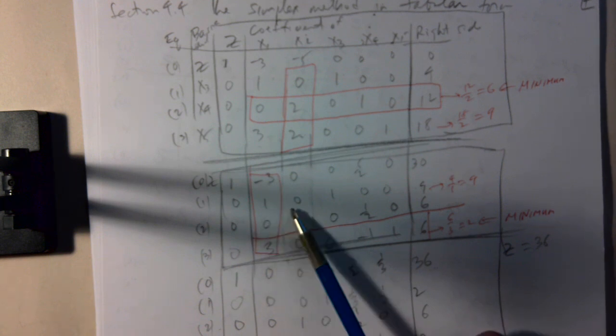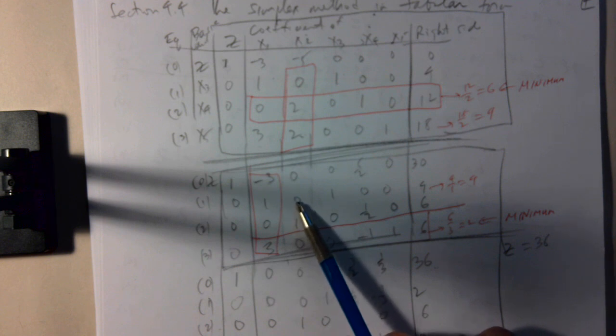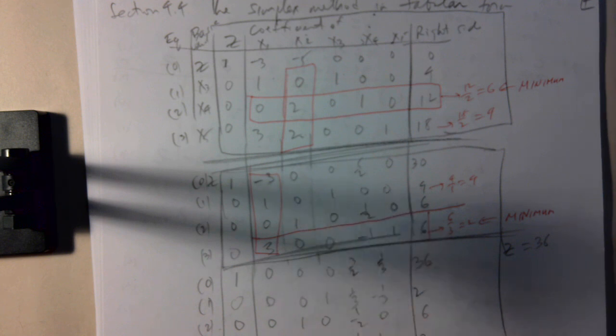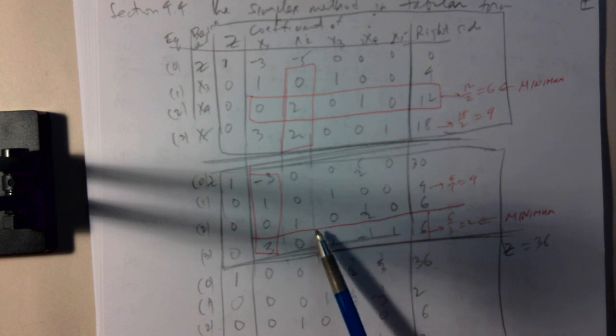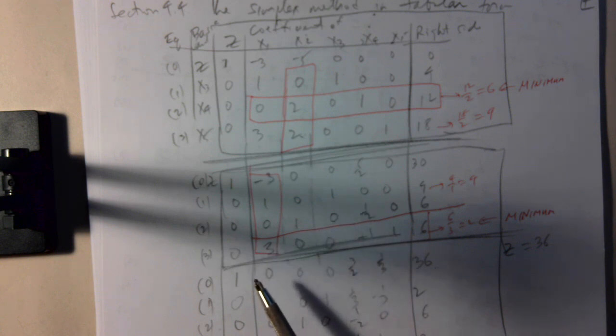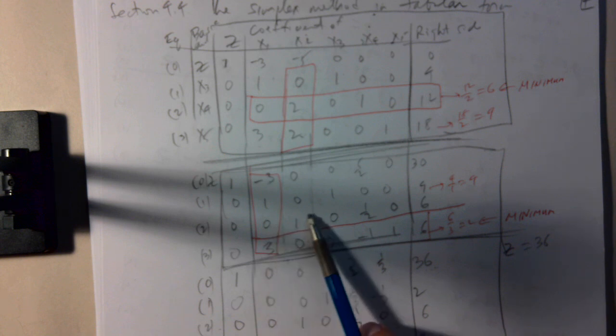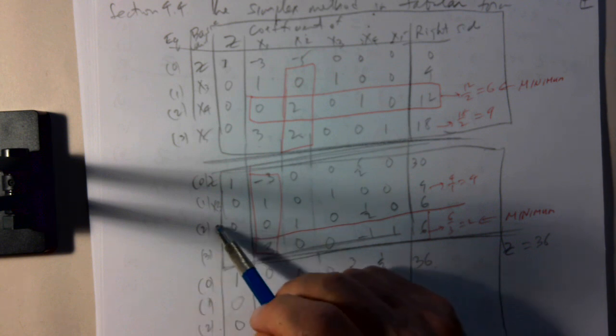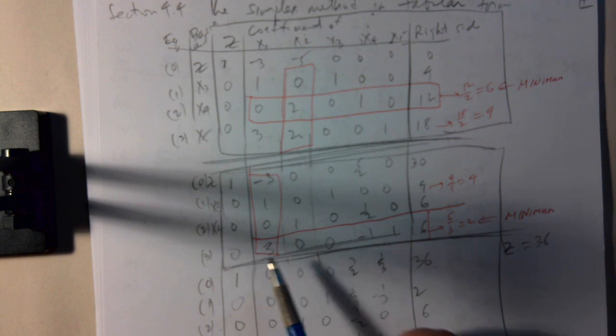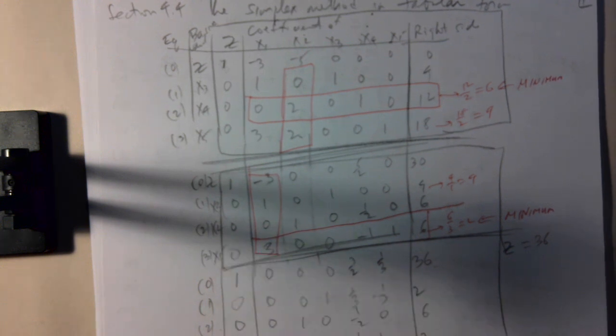So now we have x2 is 0 and x4 is 0. Sorry, x1 is 0 and x4 is 0. So we have a value x3, x2, and x5.